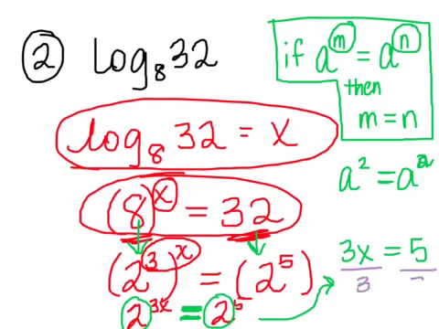I'm going to divide by 3, and get x equals 5/3. Can't be reduced, so we'll just leave it 5/3. So the number we were looking for in log base 8 of 32 is actually 5/3.